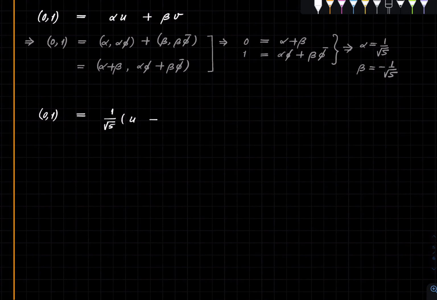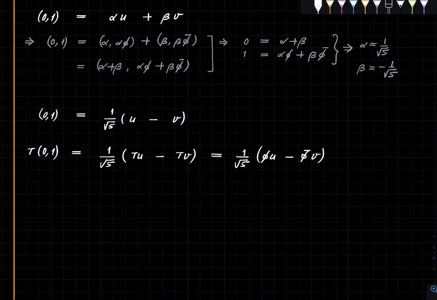So I can just write it like this. Okay, so what is T of this? This is 1 upon root 5 times (TU minus TV), which equals 1 upon root 5 (phi U minus phi bar V), right?